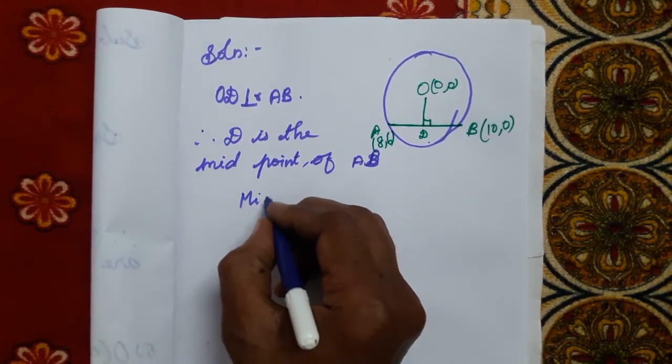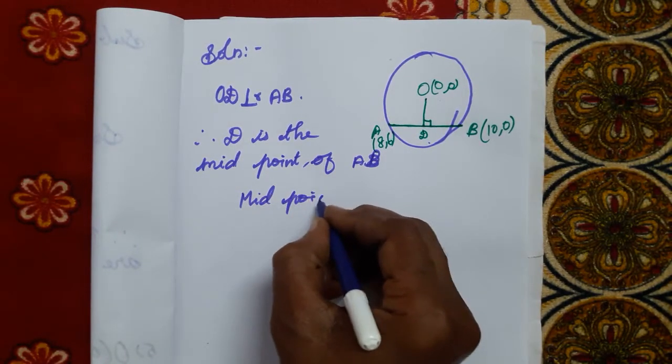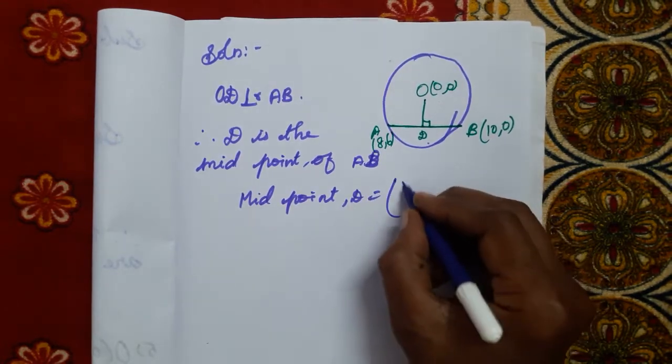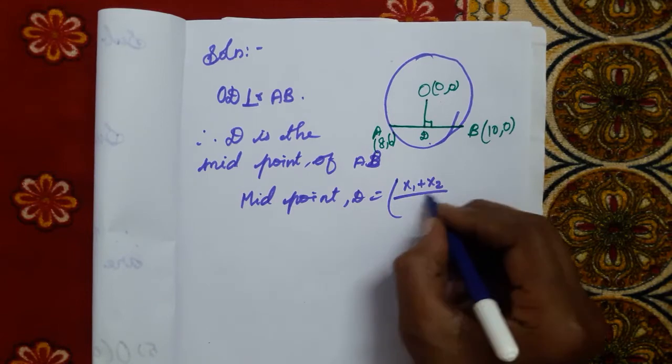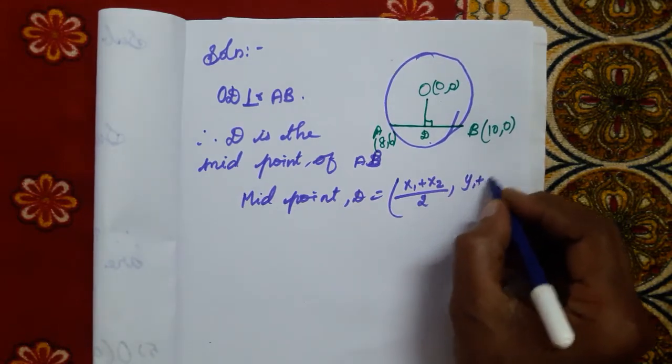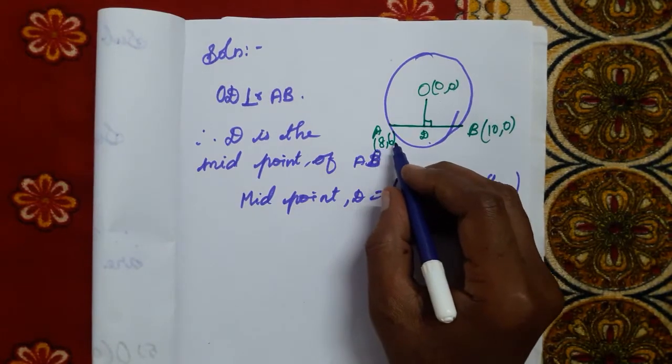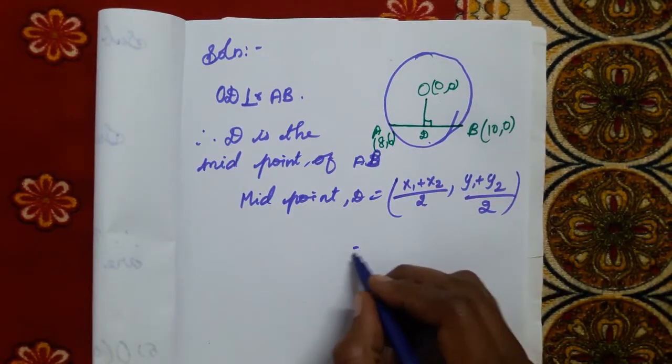Therefore, midpoint D is equal to the formula (x1 plus x2 by 2, y1 plus y2 by 2). x1 is 8, x2 is 10.